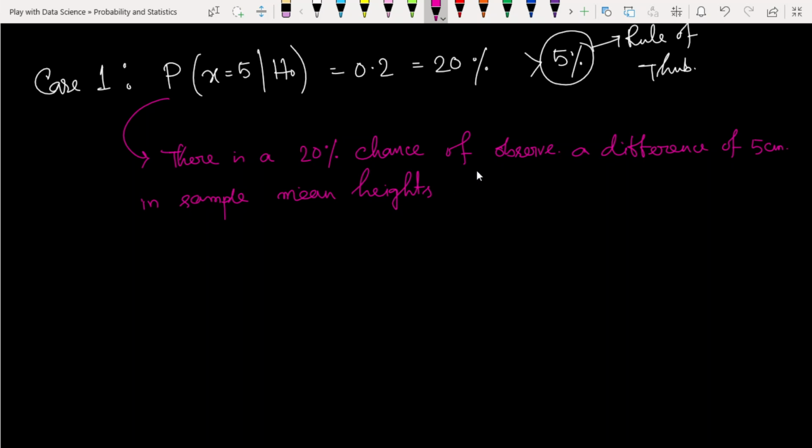Sample mean heights of the cities C1 and C2, with sample size 50.